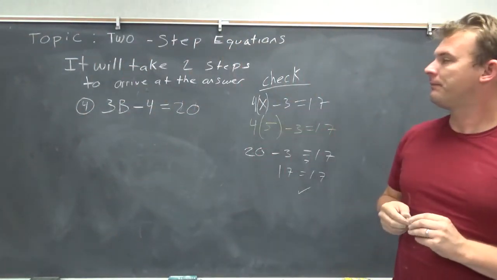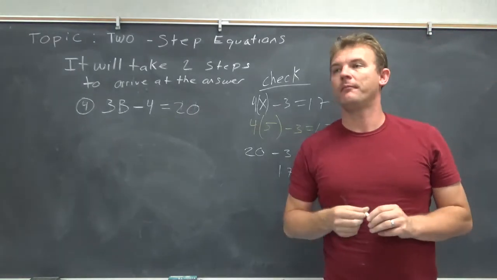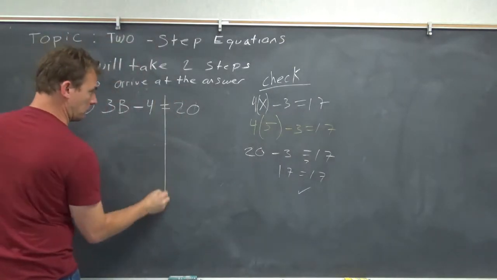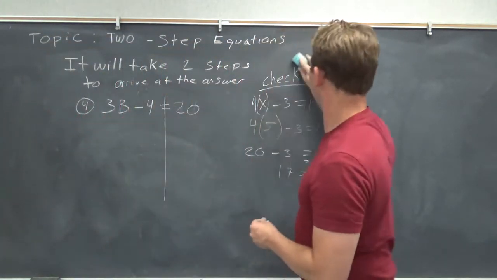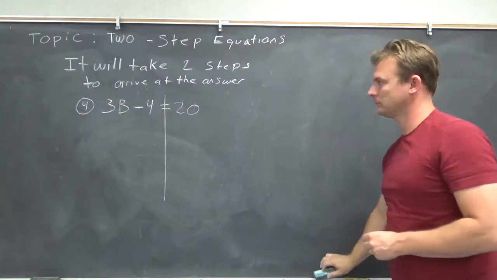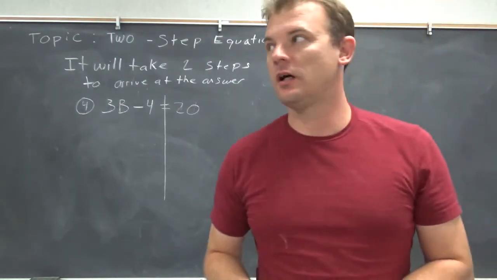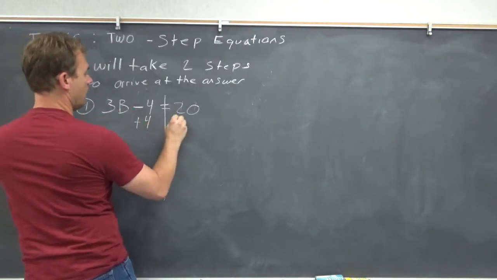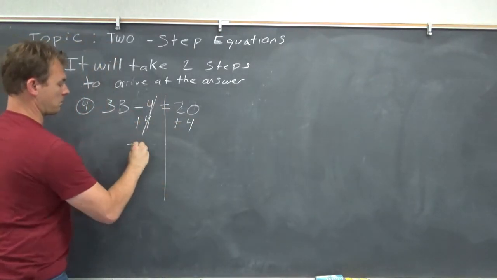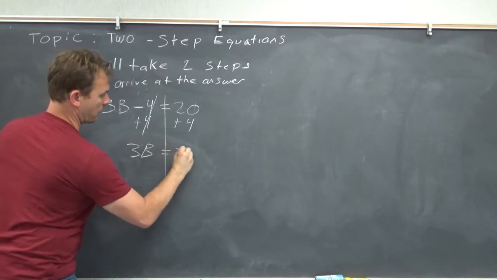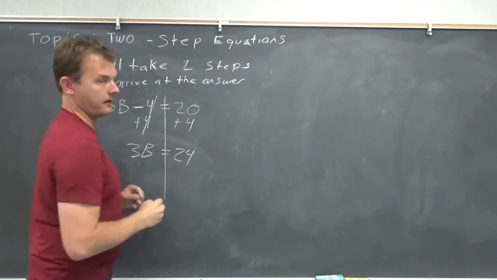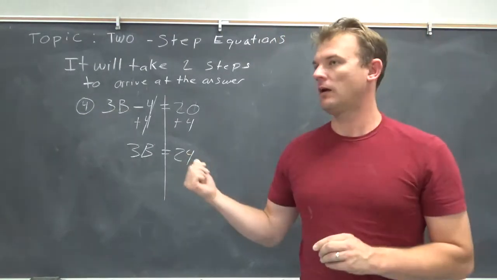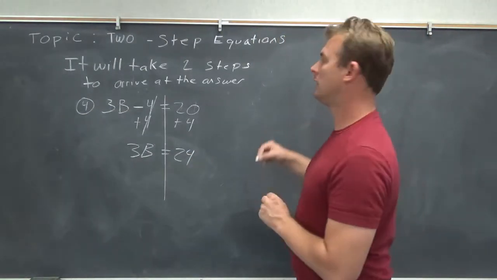Okay. Now what? So, draw your line. What to do first? Add 5. Okay. Add 5 to both sides. What's our goal again?